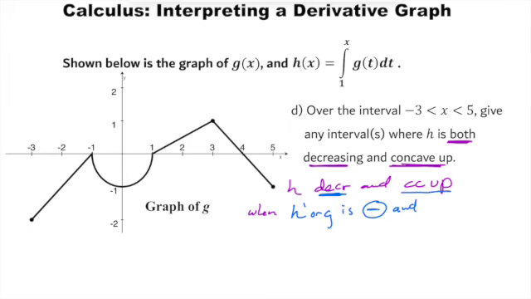And h will be concave up when its second derivative is positive, but that means the first derivative is increasing.